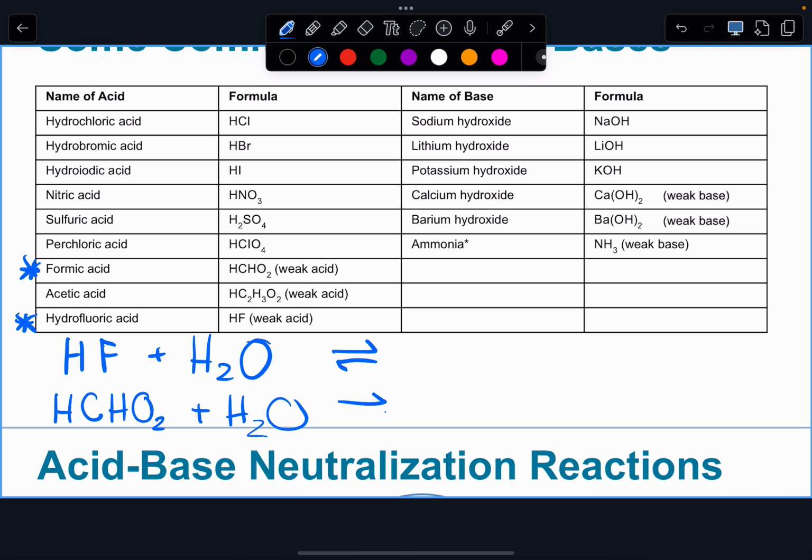I'm going to draw these both as those double-headed arrows because they are both weak acids.